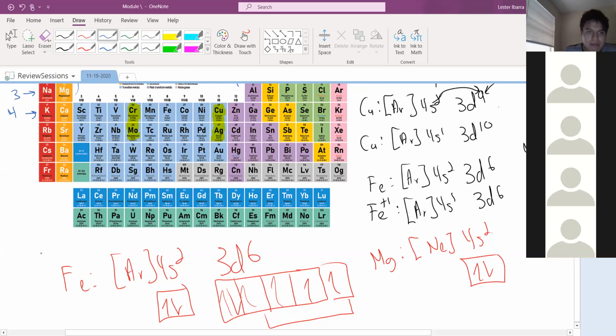So for this one, we call it paramagnetic, and then diamagnetic. I think it's diamagnetic, but either way, these are a few examples of what it means to be paramagnetic and diamagnetic.